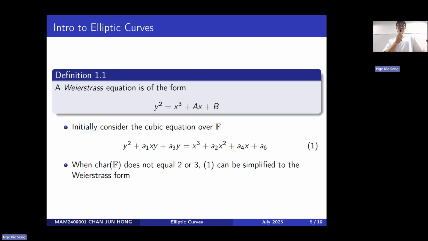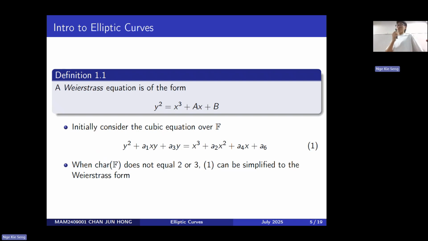Now, moving into the introduction to elliptic curves, the first definition we want to see is a Weierstrass equation, which gives the form y^2 = x^3 + ax + b. So how do we get to this Weierstrass equation? First, look at the cubic equation over a field F, which is given by this long equation down here.